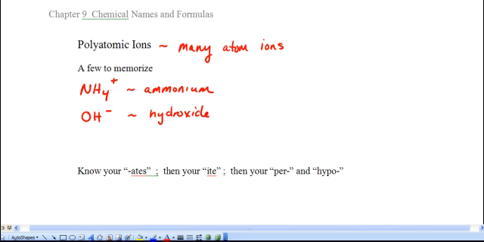There's another ion, CN-, that is the cyanide ion. And finally, as far as the first couple that you might want to memorize, it has the formula C2H3O2 with a 1- charge, and that is called acetate. Now those are something that I don't really have rules for you to use to name them. And again, do you have to have them memorized? Well, it helps, but you will have a list to work from.